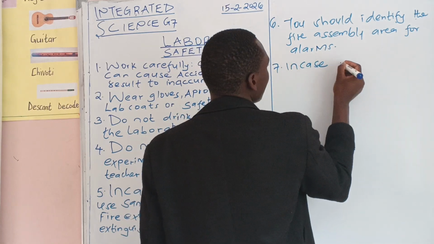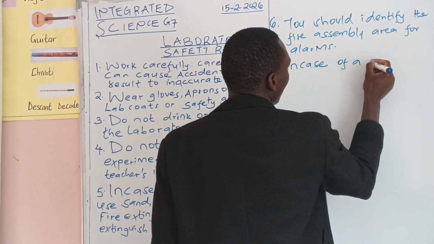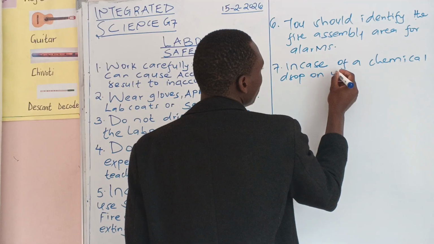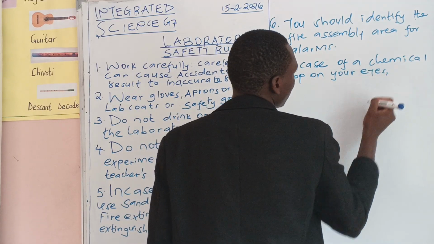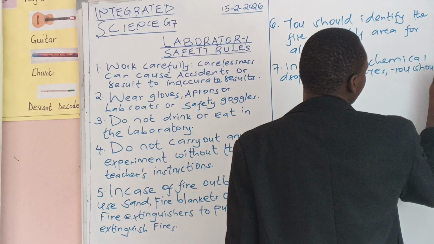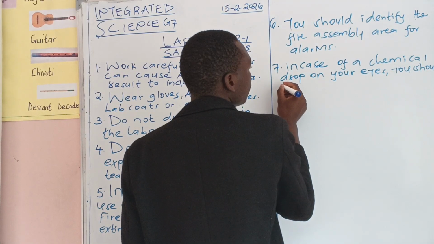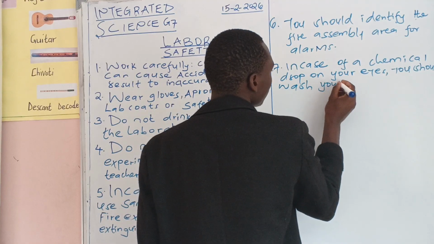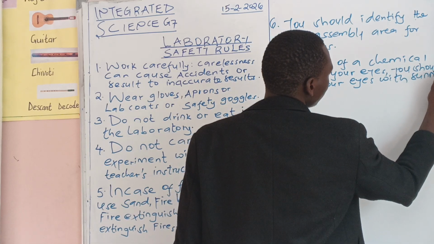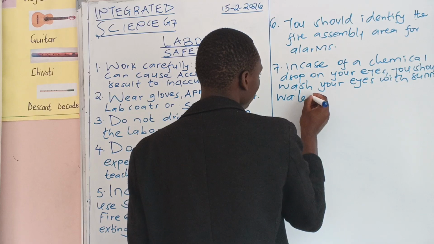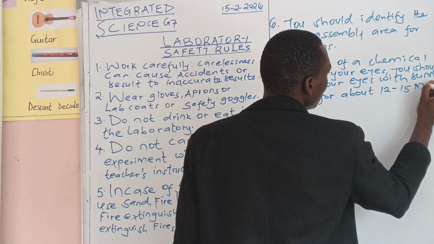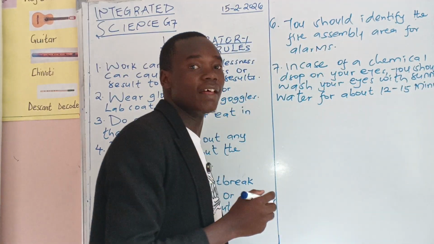In case of a chemical drop in your eyes, you are supposed to wash your eyes with running water for about 12 to 15 minutes. Now, that is another very important rule.